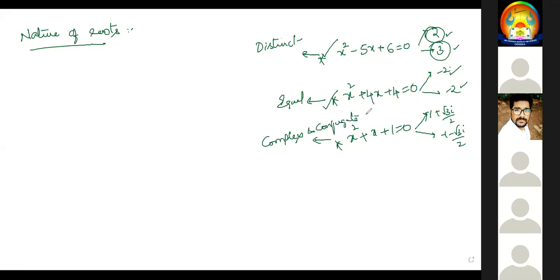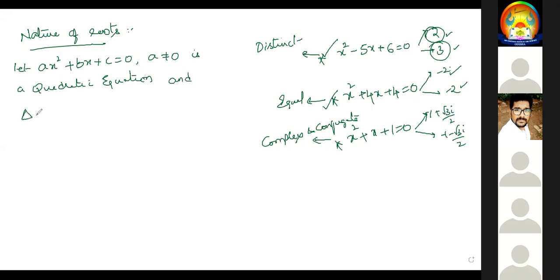I'll say what the conjugate is. See how. Let ax square plus bx plus c equal to 0, comma a not equal to 0, be a quadratic equation, and delta is equal to b square minus 4ac. Point 1.